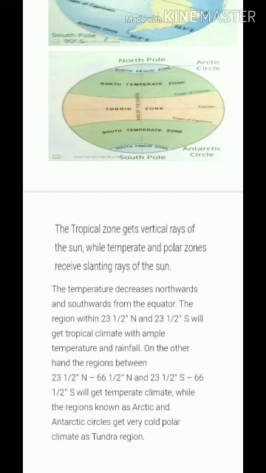Between 23.5 degrees and 66.5 degrees, north and south, it is always the temperate zone, and from the equator till 23.5 degrees north and south, these are the areas of straight sun rays. Throughout this area, the tropical zone receives warm temperatures and heavy rainfall.